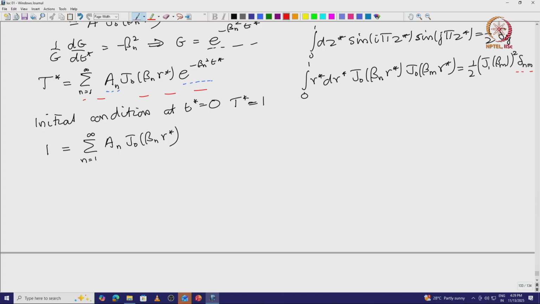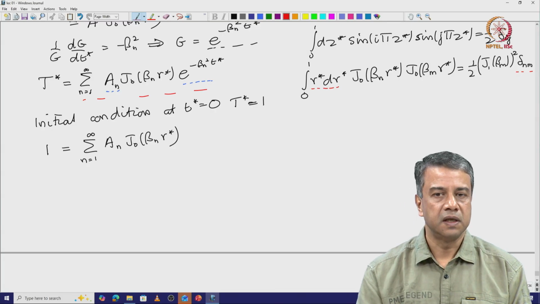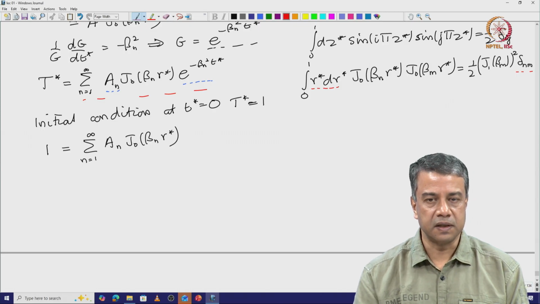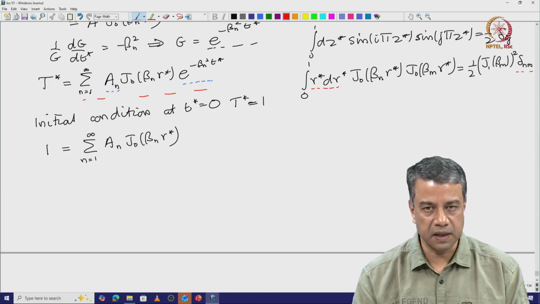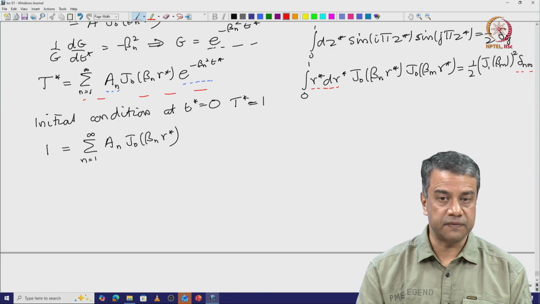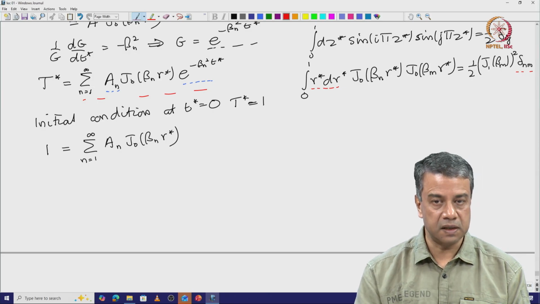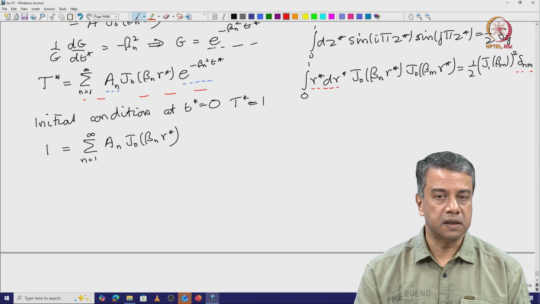Note that this integral has r star dr star in it. That is because in a cylindrical coordinate system the infinitesimal area of an interval of thickness dr is r dr times d phi.